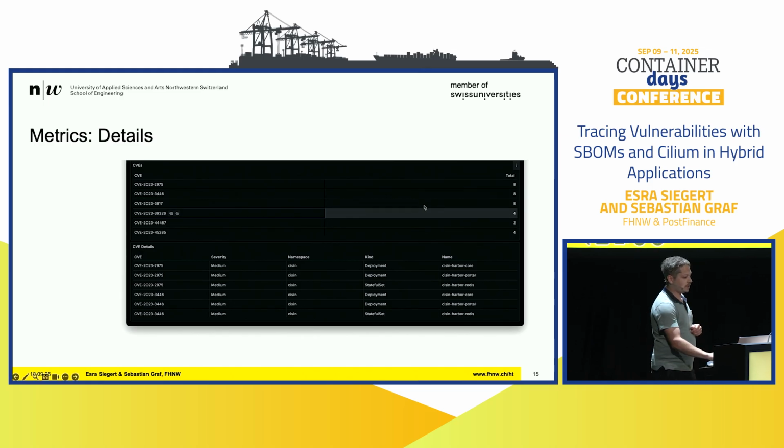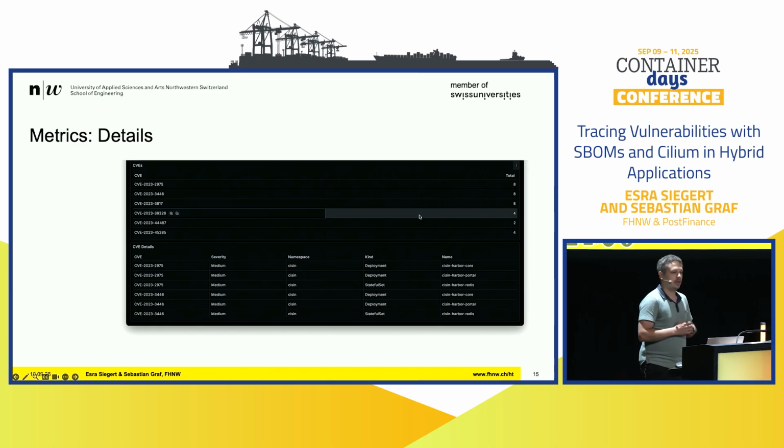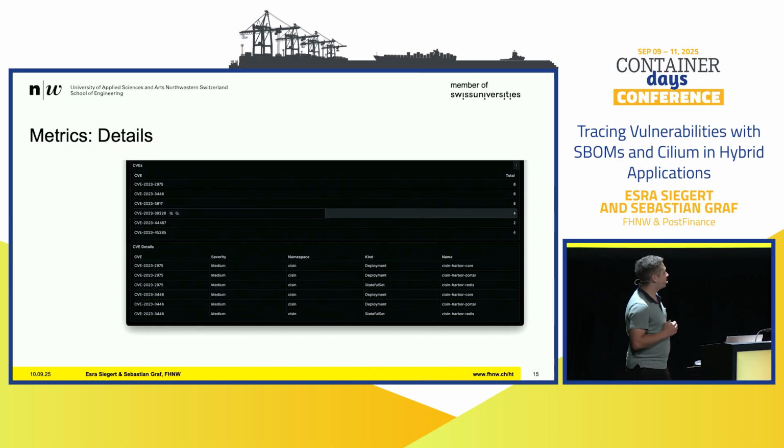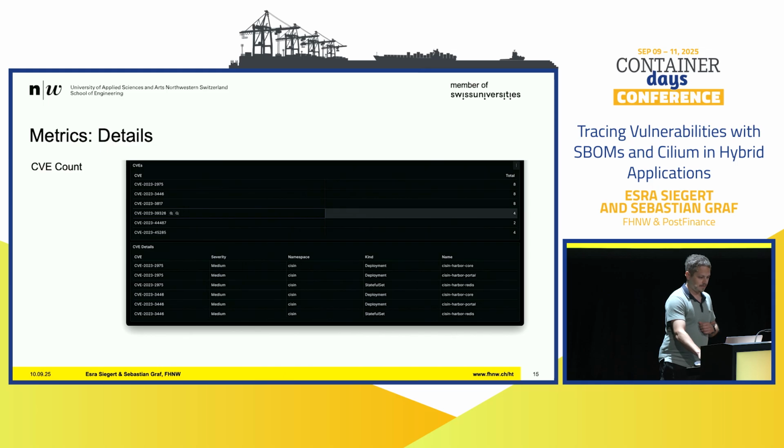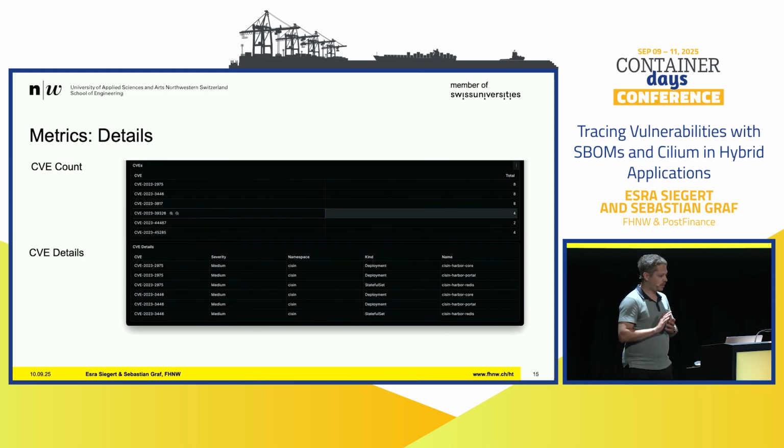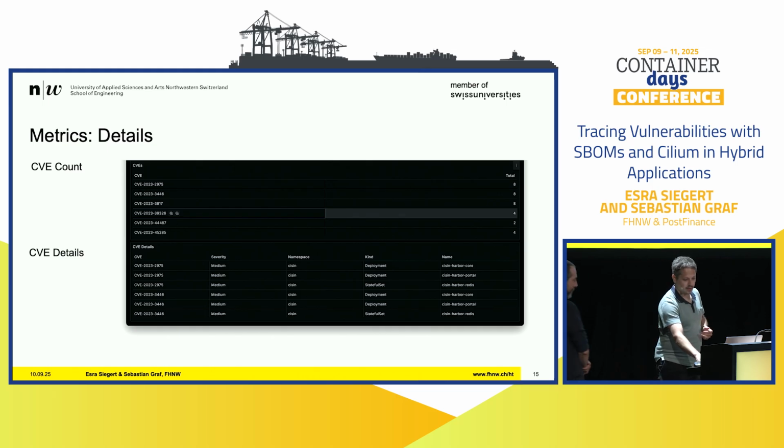We see which CVEs occur how often, and of course we can see where on our cluster, or if we are on an external workload, where are these CVEs, so that we can patch them. This gives us a holistic view over the whole trace, where the CVEs are, and where we have to patch them. Yeah. And that's it, probably nearly from my side. I give back to Sebastian.